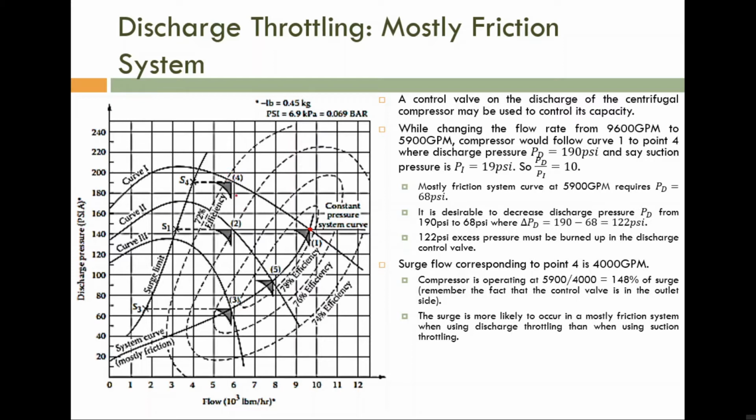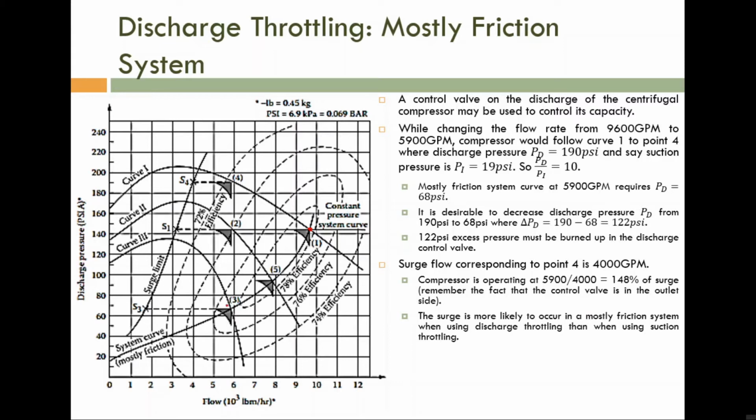Same thing we are doing if we want to maintain a minimum flow. But the difference here is the minimum discharge pressure required is 68 psi. So with the decrease in flow rate, if discharge pressure is increased to 190, we have to remove 122 psi from the discharge. 190 minus 122 is 68 psi.